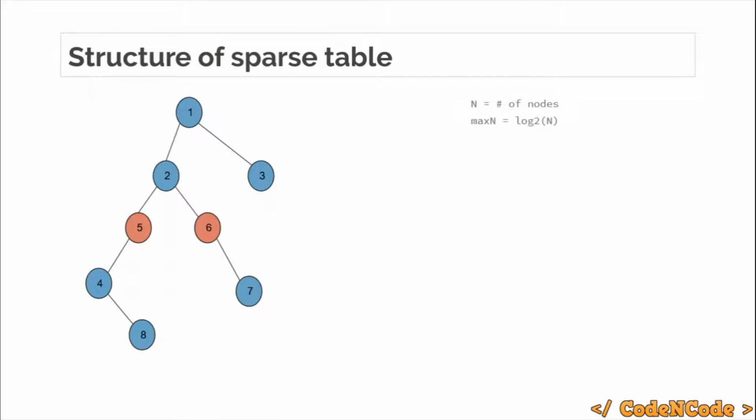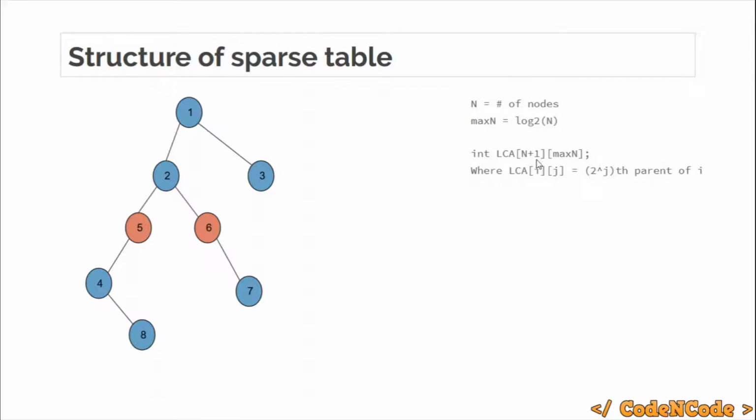Since n is the number of nodes, the maximum power of 2 would be log base 2 of n, since we don't have to make a list of more than log n nodes. Now we would have a 2D array called LCA to store the list of parents of each node. LCA would be a 2D array where the first dimension is for nodes.